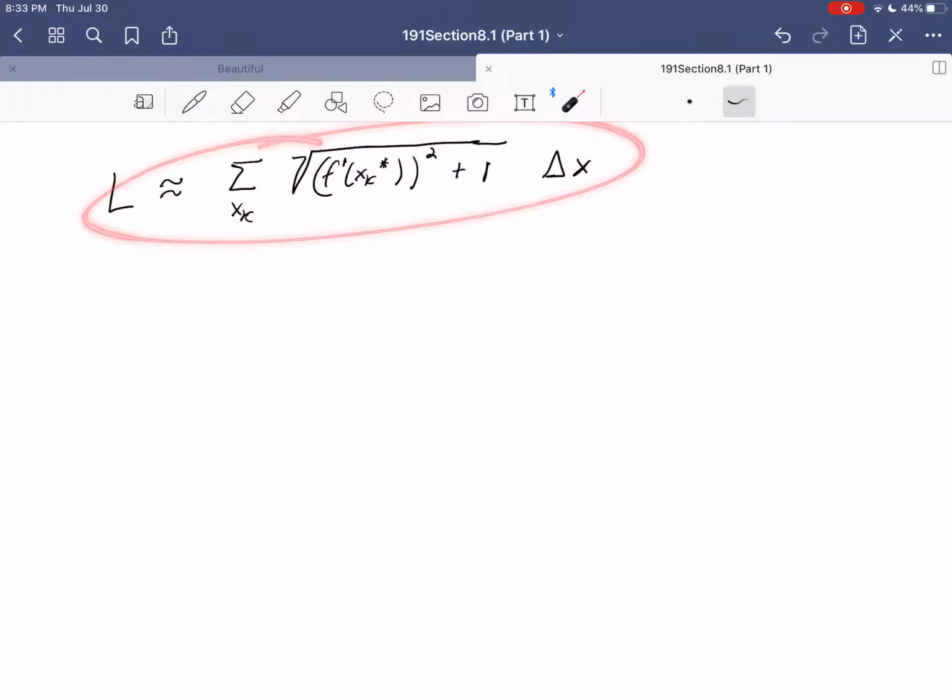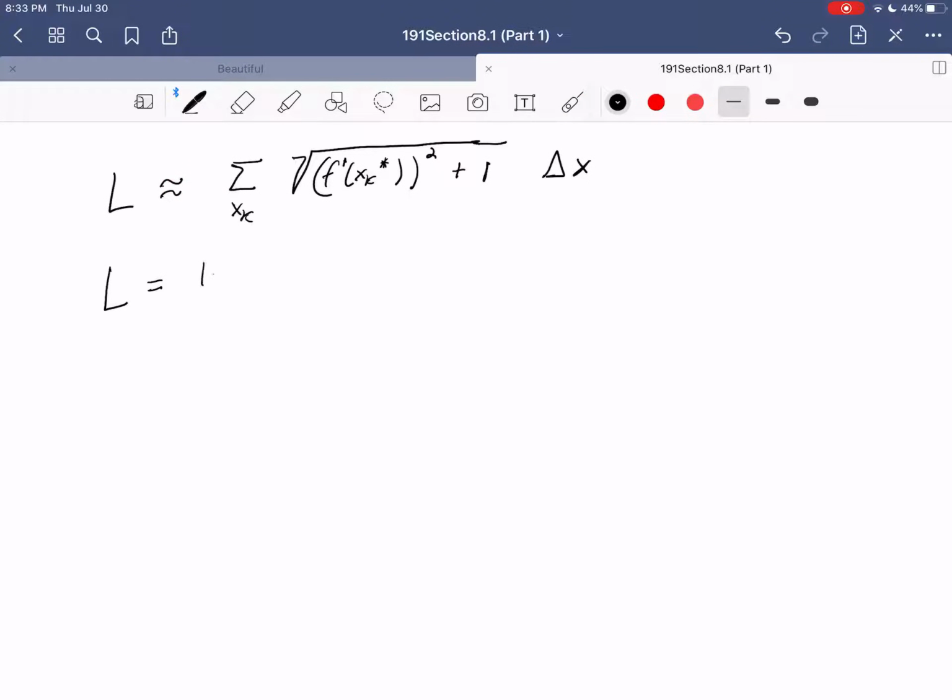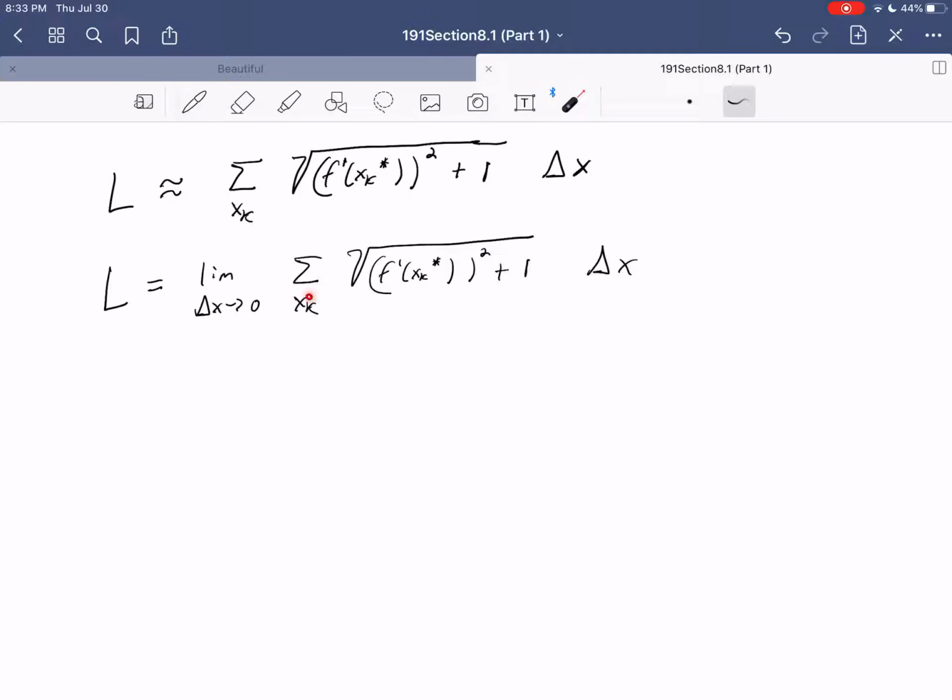Now we have a much nicer expression. Now we can use our standard trick to get rid of this as an approximation. We can say that L is equal to the limit as delta x goes to 0 of the sum over all these x sub k of the square root of f prime of x sub k star, squared, plus 1, times delta x. Now normally these x sub k's are the same as these x sub k stars.